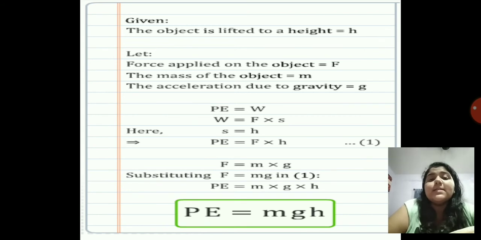This is the simplest derivation in this chapter, the potential energy derivation. You just have to remember the work done formula and the force formula. The tricky thing is the substitution, where you have to change the s, where you have to change the mg.